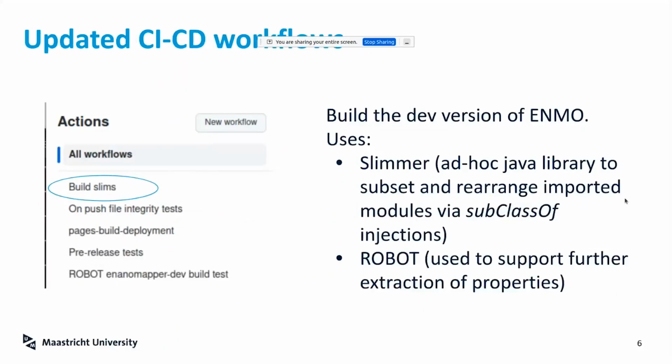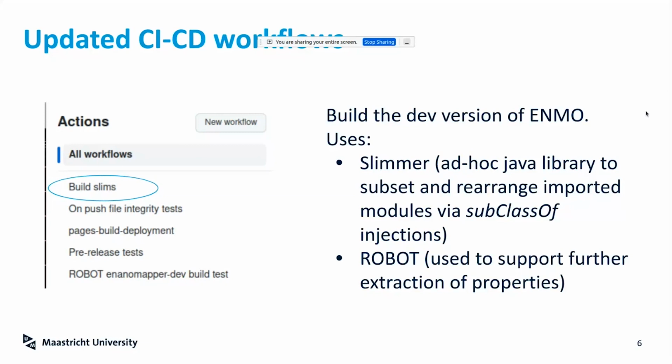Now, this specific way in which we build the eNanoMapper ontology, by inserting subclass-of axioms between different subsets of different ontologies, necessitates a continuous process of checking the quality of the ontology that we're building.